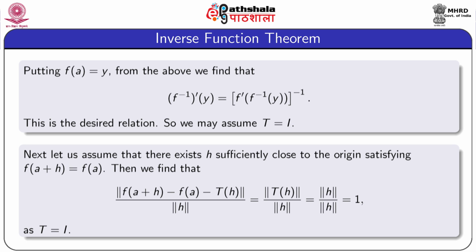Next, let us assume, if possible, that there exists H sufficiently close to the origin satisfying F of A plus H equal to F A. Then we find that norm of F of A plus H minus F A minus T H divided by norm H equals norm of T H by norm H. We assume T equal to I. So, this becomes norm H by norm H, which is 1.